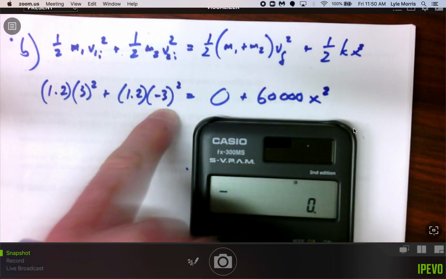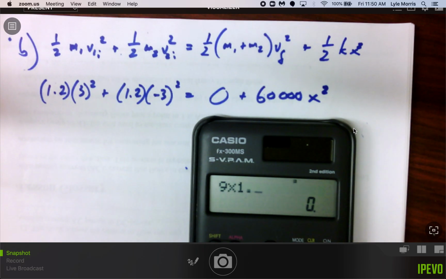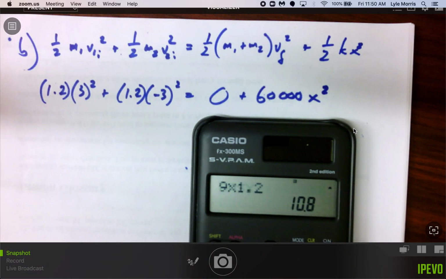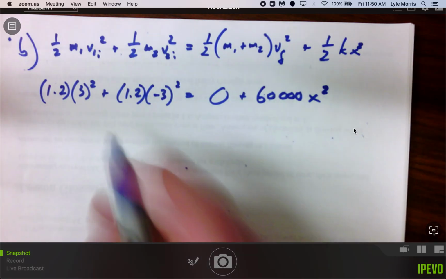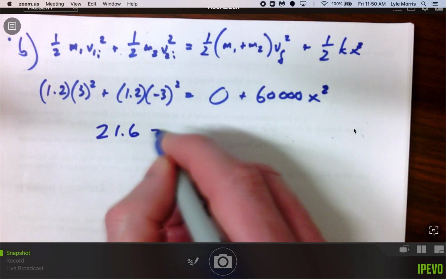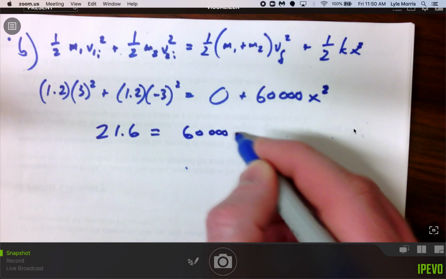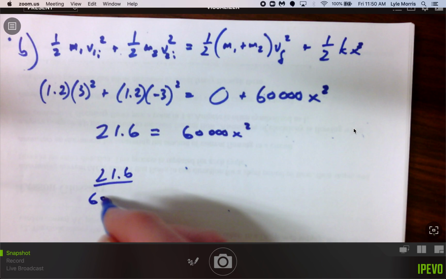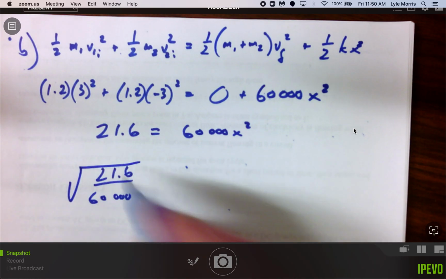So this is 9 times 1.2, which is 10.8. We can multiply by 2 because there's 2 of these there, times 2. So that's 21.6. 21.6 divided by 60,000. Take the root of that.